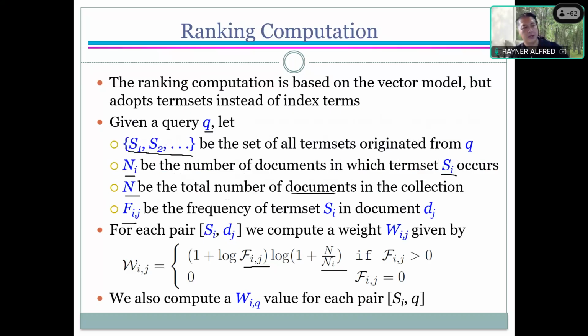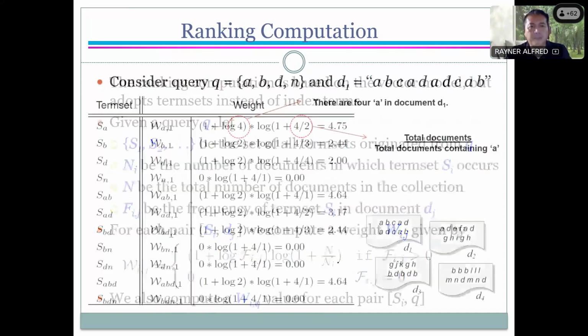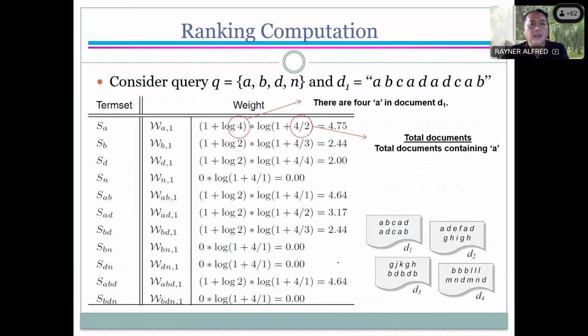Okay. So now let's take a look at how we compute the weightage for each of the term sets that we have. Always be careful with the weightage here. Okay, so we have two parts, which is the query and also the document.